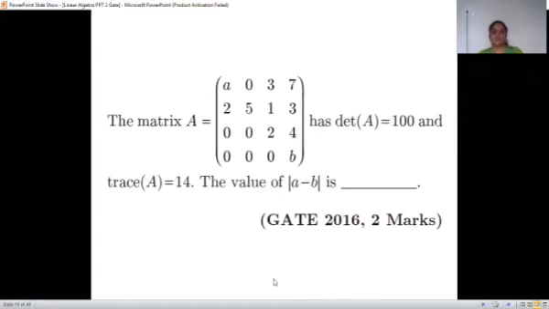Okay, next question. The matrix A is given, with determinant A equal to 100 and trace of A equal to 14. Then the value of mod A minus B is what? First of all, what is the definition of determinant and what is the trace?